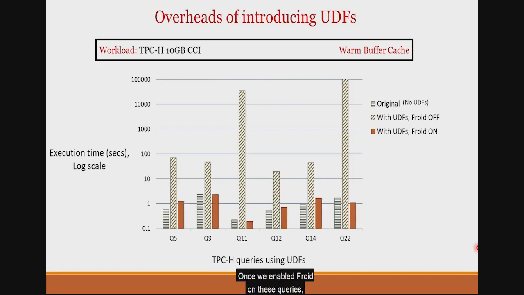Once we enable Froid on these queries, you see that the performance comes back almost to the original query. So with Froid, the overhead of introducing UDFs is practically zero in most cases. Users achieve the flexibility to write UDFs without having to worry about performance. Now they can choose to write either complex SQL queries or UDFs, but still get performance. Achieving this flexibility without trading off performance was the goal that we wanted to achieve here.